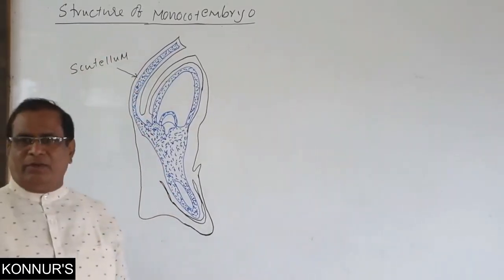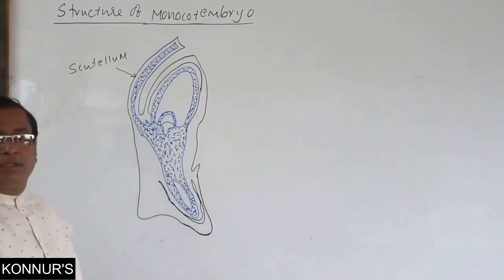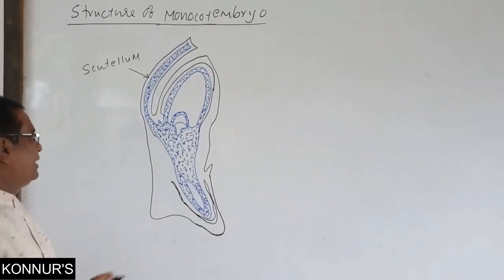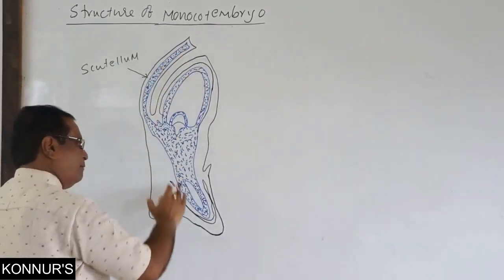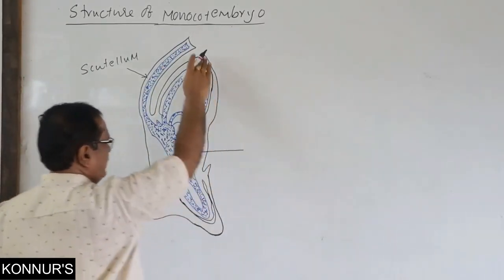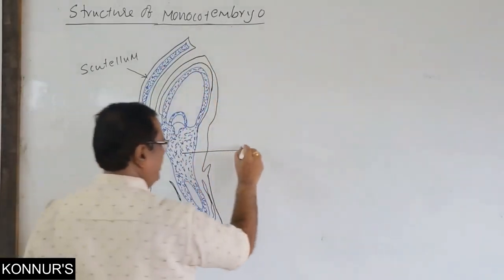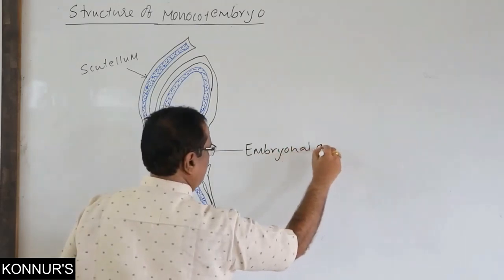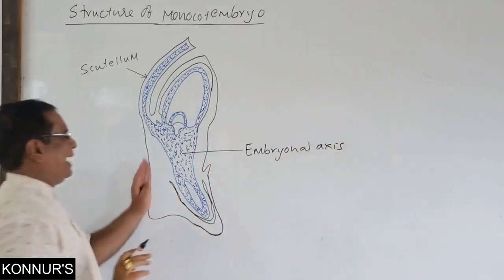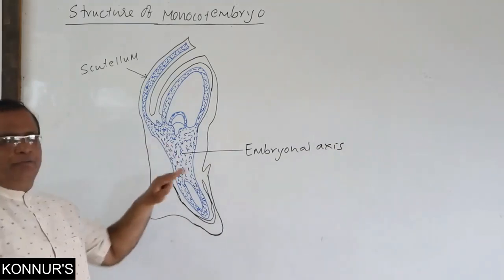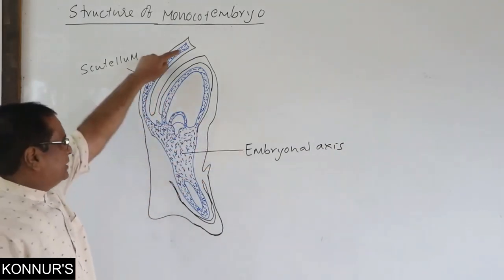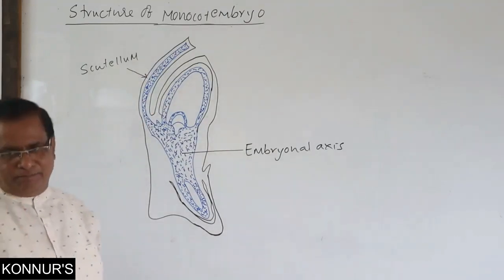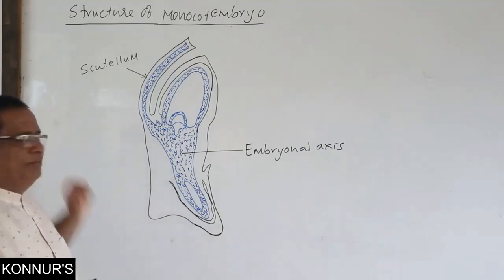In graminaceous members, that single cotyledon is said to be scutellum, and this is the embryonal axis. At the lateral side of the embryonal axis, there is a single cotyledon. That cotyledon is named scutellum.